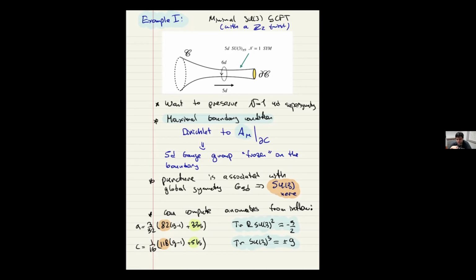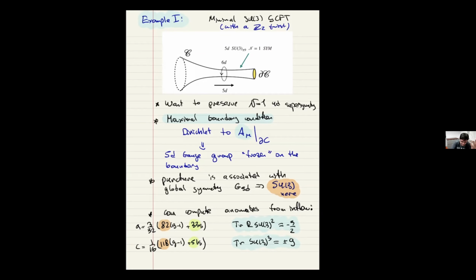So no, this is again not to be confused with this SU3. This SU3 is a description of this theory in 6 dimensions, on a tensor branch. You can take that theory on a tensor branch and discuss its properties. And then there is another question where you take this theory down to 5 dimensions and ask what is the effective 5-dimensional description.